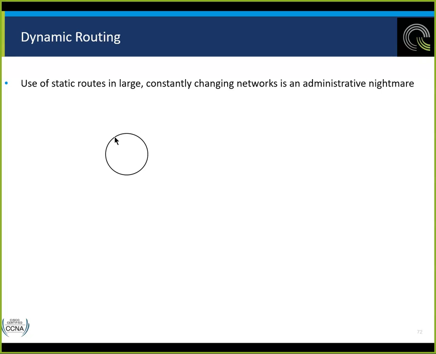So he might have 1, 2, 3, 4, 5, 6 networks that he can get to. So out here, instead of having for the other device an entry for each of the networks, we can, if we're clever, configure this in a hierarchical model, create a hierarchy, so that we can group these things together.